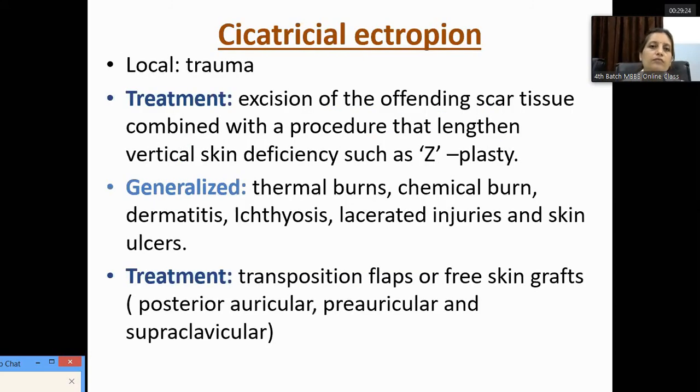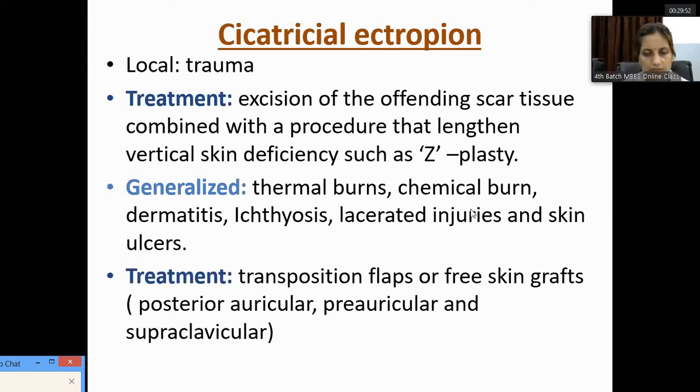And in case of cicatricial ectropion, which frequently follows trauma, you will have excision of the offending scar tissue combined with a procedure that lengthens the vertical skin deficiency, such as Z-plasty. Other causes are thermal burn, chemical burn, dermatitis, ichthyosis, lacerated injuries, and skin ulcer.